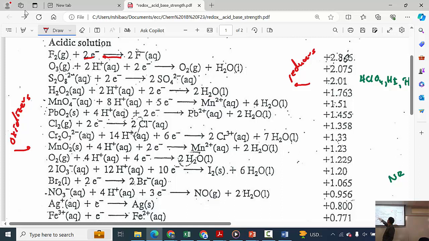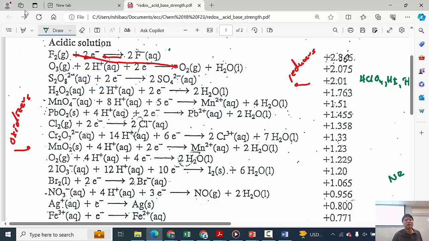So will fluorine oxidize oxygen and water? Yes. We're going to use the zigzag pattern here. If fluorine oxidizes oxygen and water, what are we going to form?